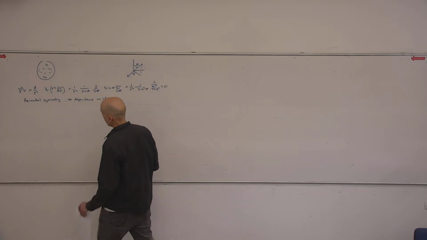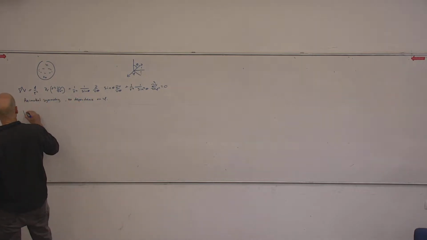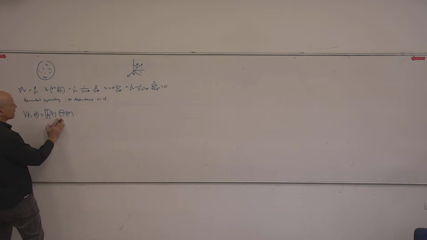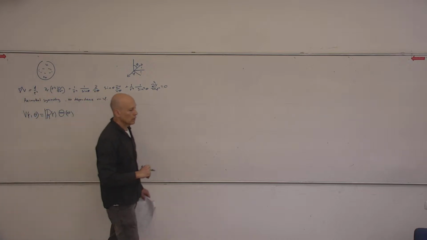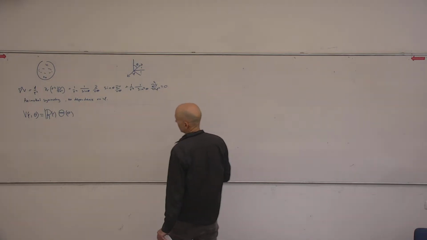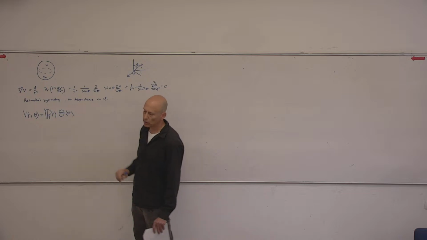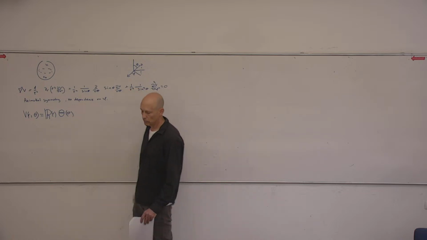Okay, then what you do, again a reminder: V of r and theta, you write it as a function of r times a function of theta. This is the separation of variables method. Two functions which are now defined, capital R and capital Theta. So here you have two lines. This is the function and this is the variable, capital R and r.